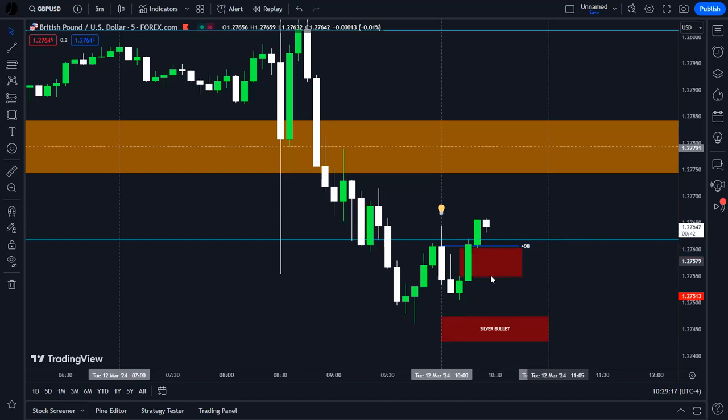So let's see if it will manage to get back into this fair value gap, which might give us a high probability institutional order flow entry drill.